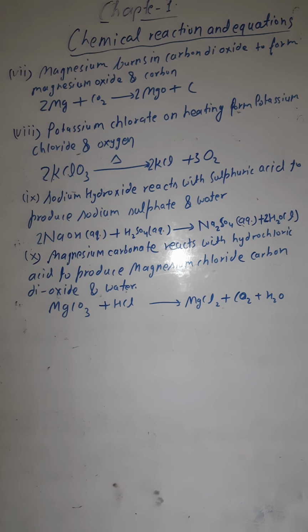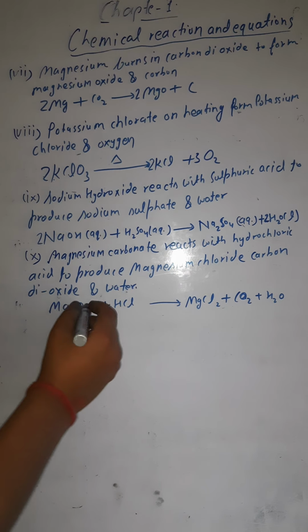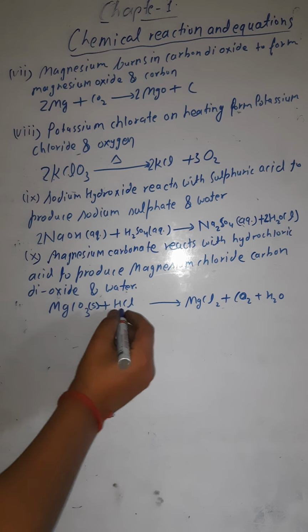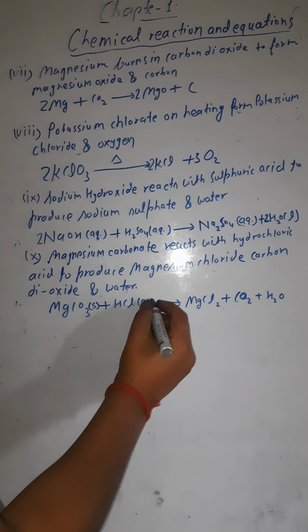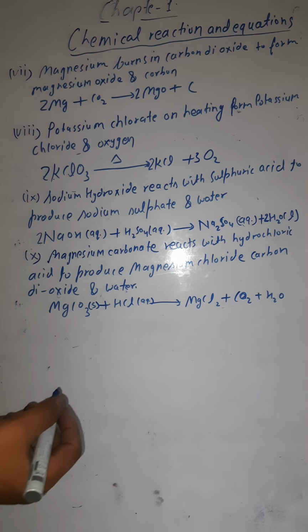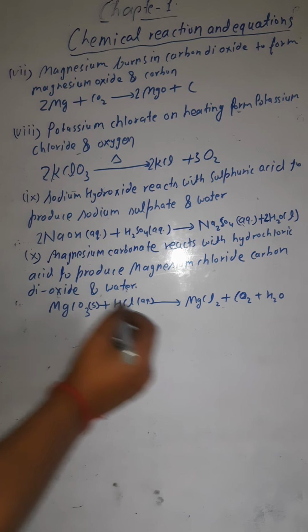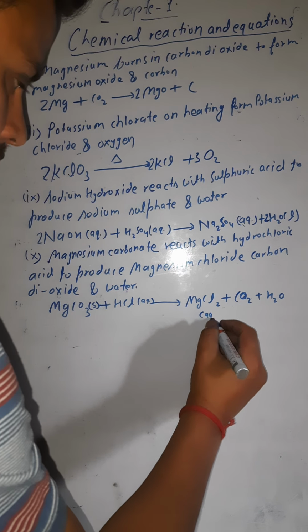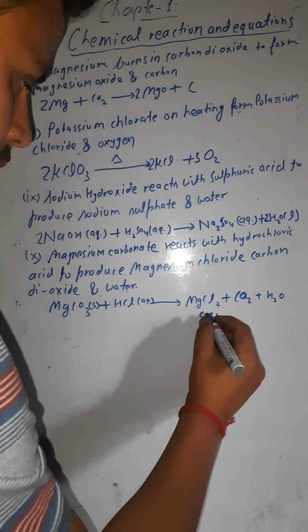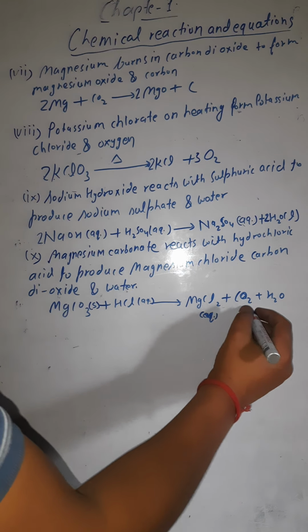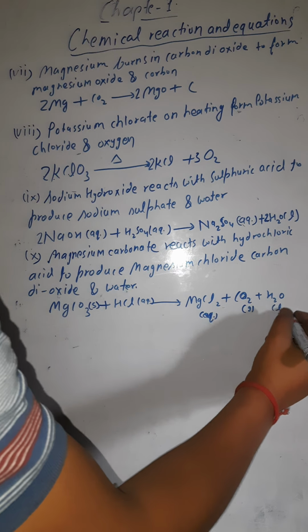Now if you write the states of these compounds, magnesium carbonate is solid state, hydrochloric acid is aqueous state, and magnesium chloride is again aqueous state. Carbon dioxide is gaseous state, and water is liquid state.